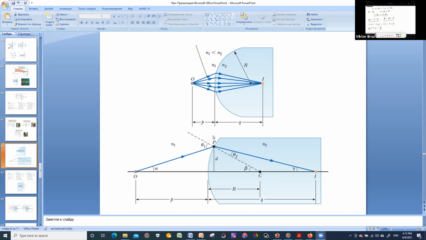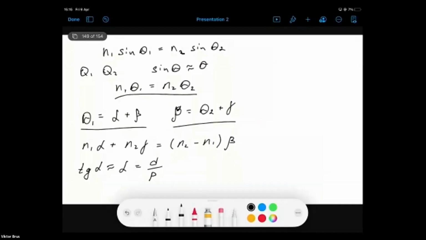Based on these right-angle triangles, we can express alpha, beta, and gamma.